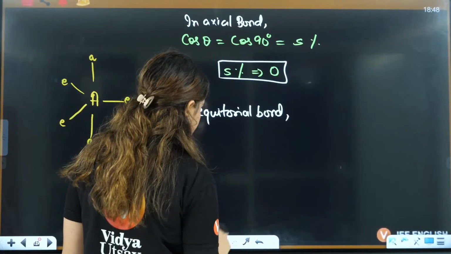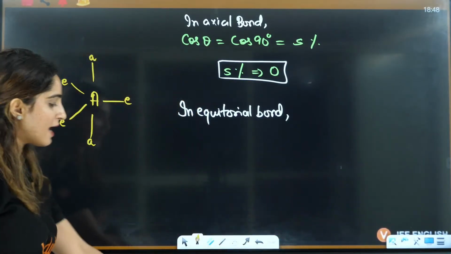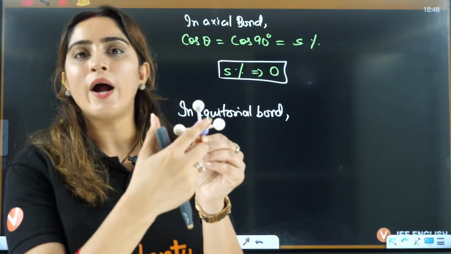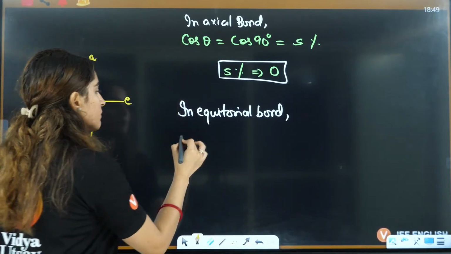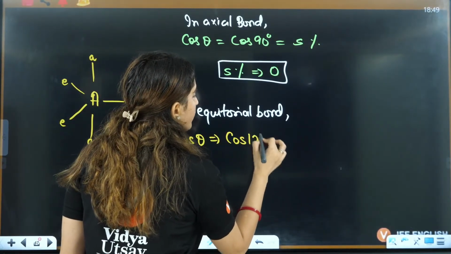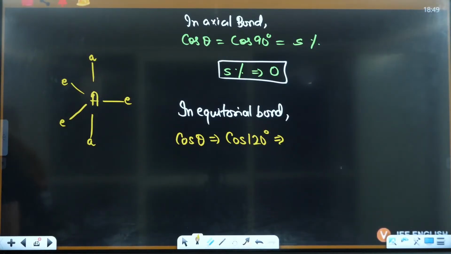What is the percentage s character in the equatorial bond? The angle in the equatorial bonds is 120 degrees, so cos theta equals cos 120 degrees, that is 180 minus 60.